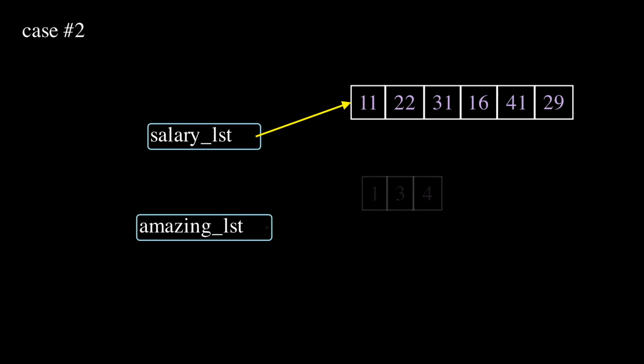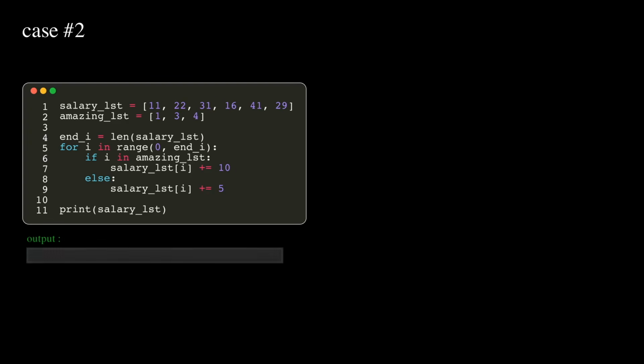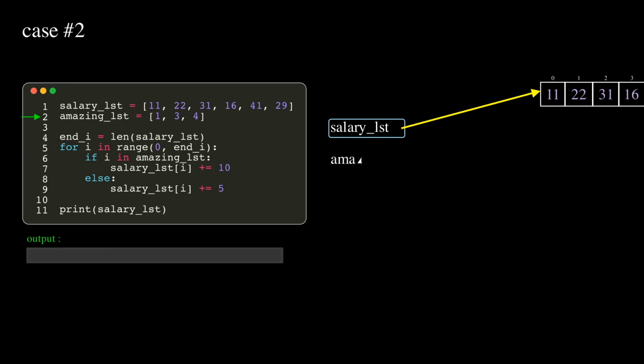Namely, there is another list which stores the indices of those candidates whom we deem as amazing. For everyone else, we still increase their money by 5. Our programming logic here is very straightforward. We iterate over all the indices. With the help of if-else, we differentially increase the salary by checking whether the candidate is amazing.